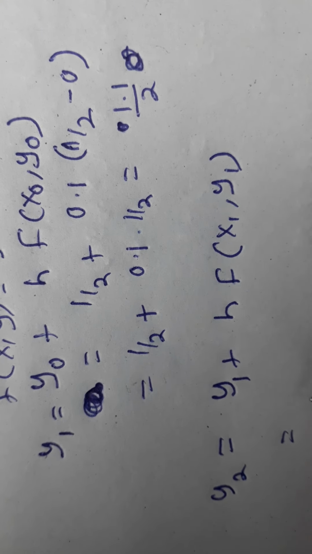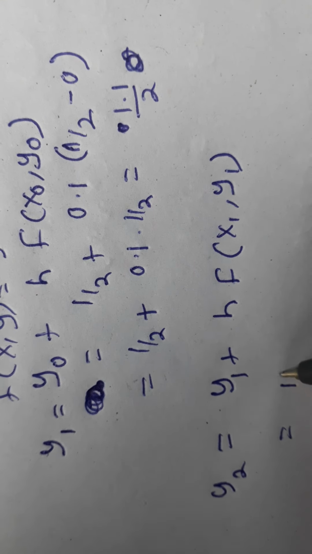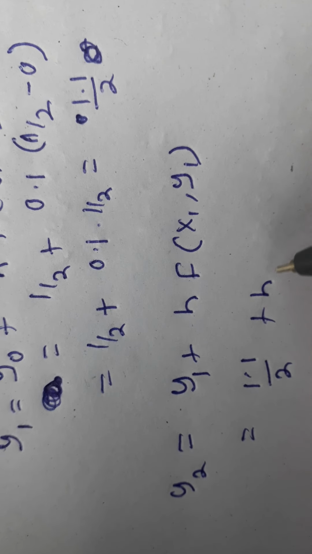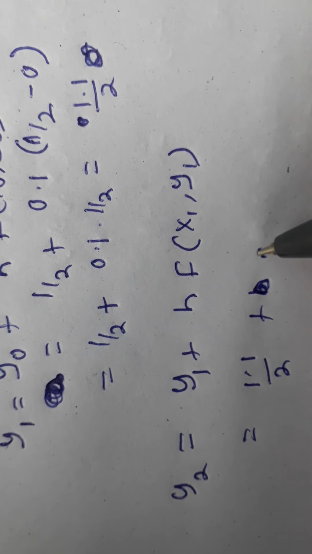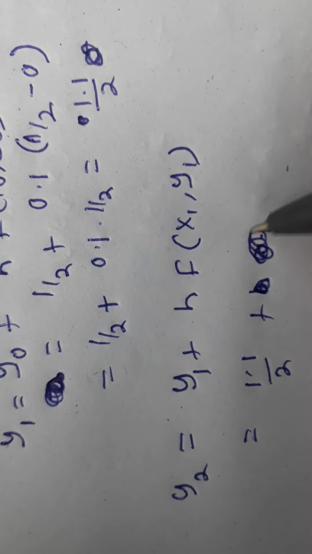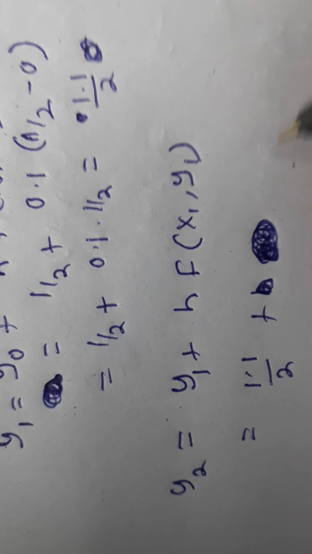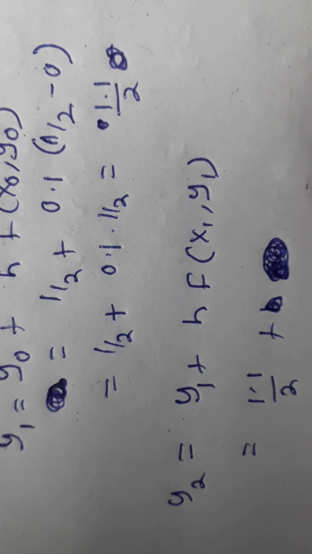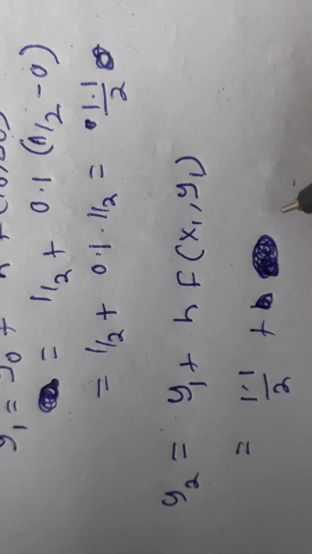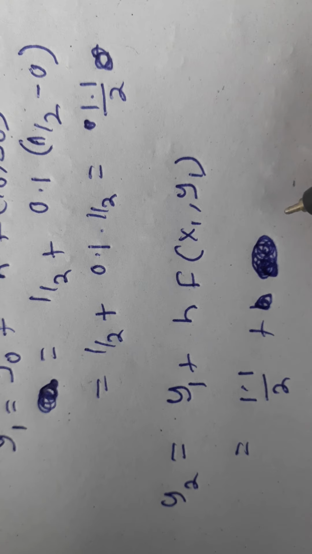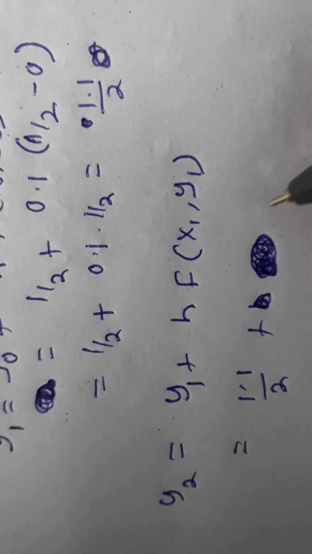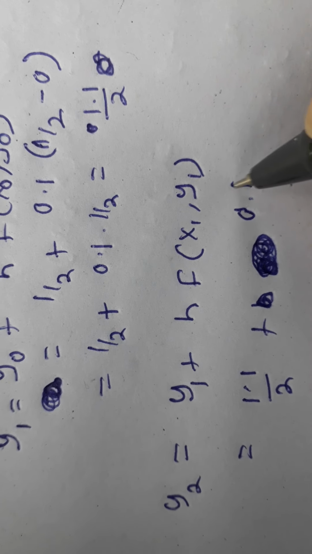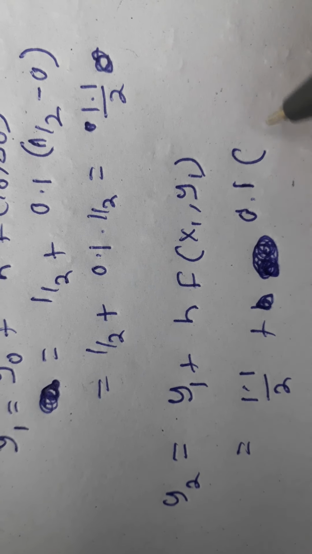Now y1 will be 1.1 by 2 plus h means 0.1, it is already given in the question, into f of x1 y1.